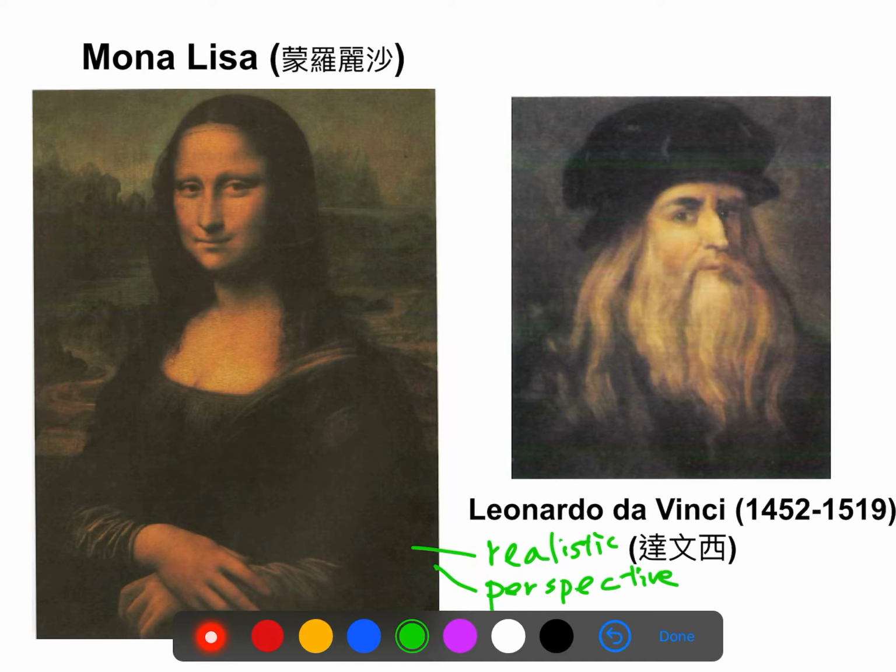One of the reasons people found it so famous is that Mona Lisa will smile at you no matter which angle you are looking from. So she is always smiling at you. This is one of the famous paintings made by Leonardo da Vinci.